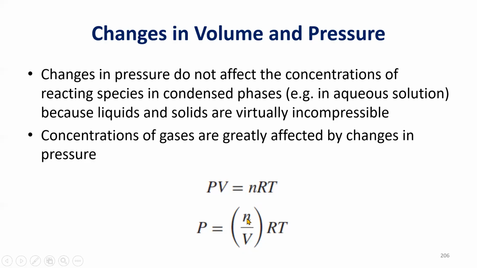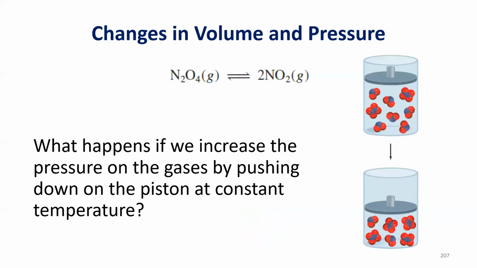It will increase the concentration because you are reducing the denominator here in n over V. So if you do that, it will definitely affect the concentration of the gas, and this will also have an effect on the equilibrium constant.